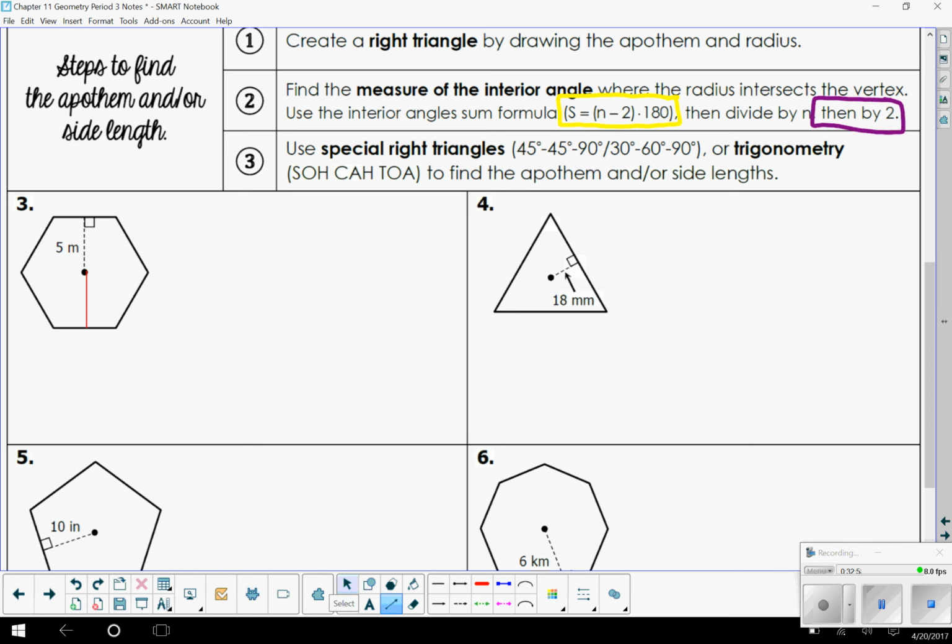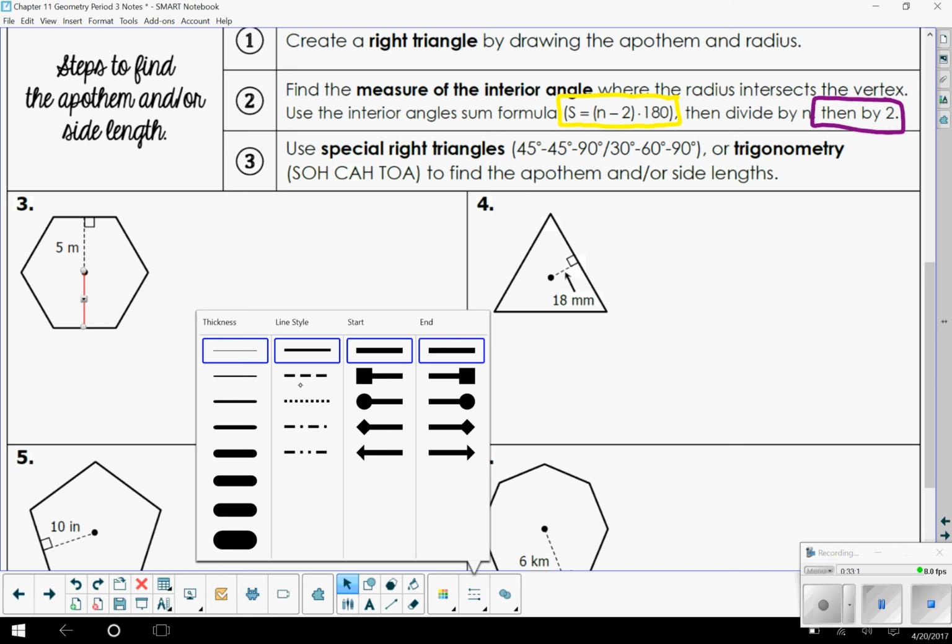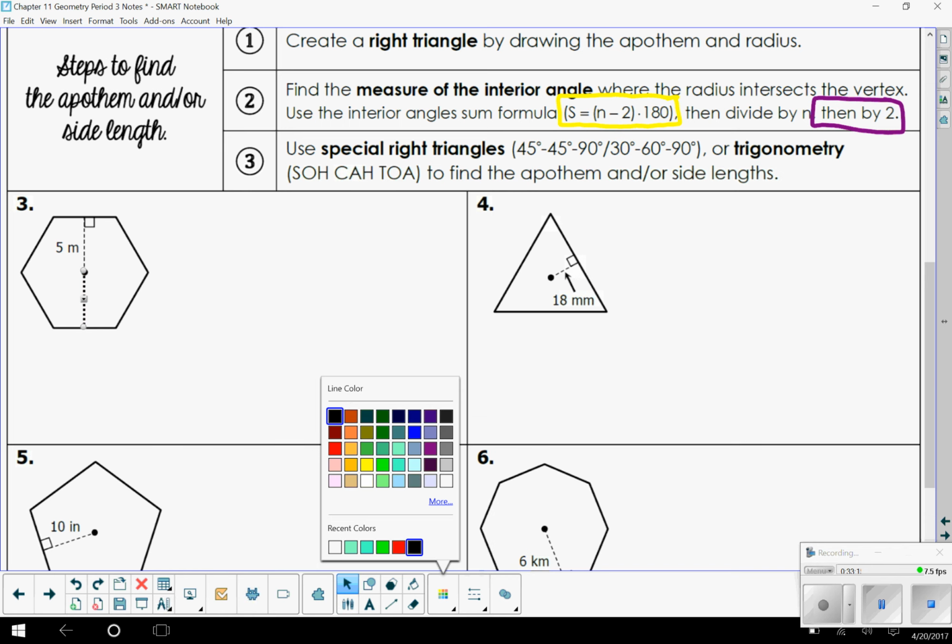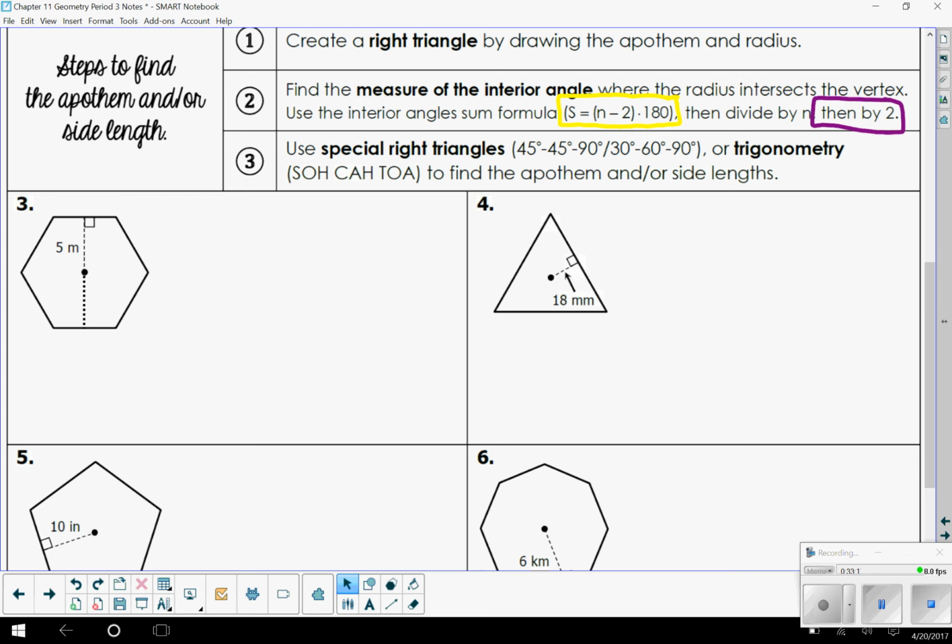You don't have to, but it is much easier when it's facing this way. I don't know why, maybe because that's how I've been taught all these years, but it is what it is.